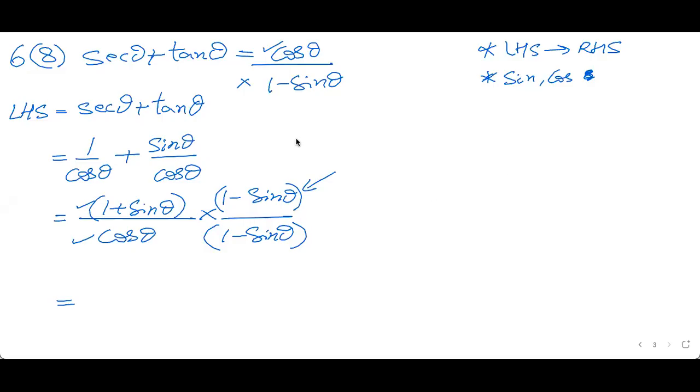This should bring to our mind a plus b into a minus b. And we know that a plus b into a minus b can be written as a square minus b square. So let us write that. 1 square is 1, minus sin square theta.